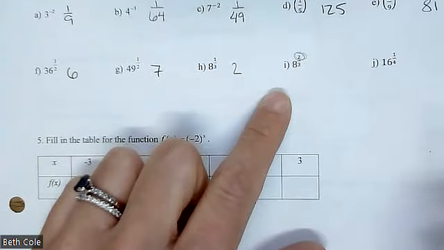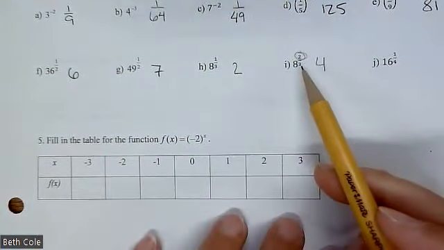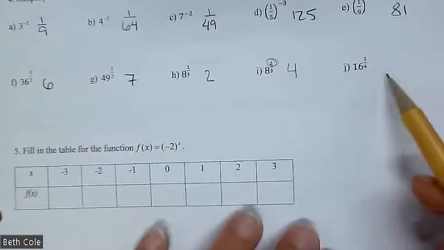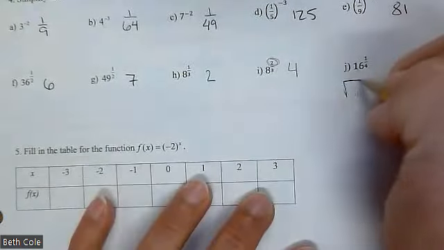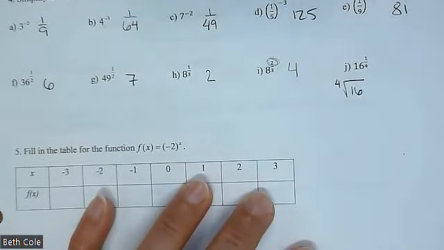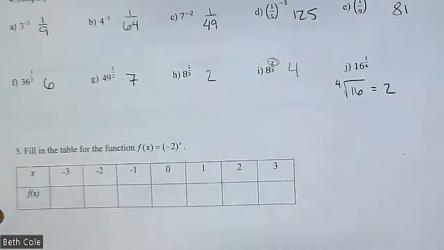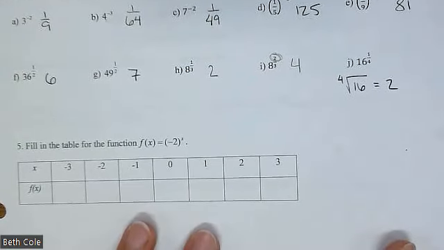So 2 squared is 4. So it was a cube root. Pretend it's a 1/3, and then you just square that. And then 16 to the 1/4. That means a 4th root of 16. Some of you are saying it already. It means this, which would be 2. That's why I brought up the 2s. I like to go a little bit further with them.